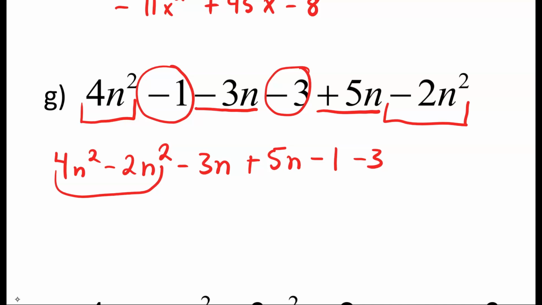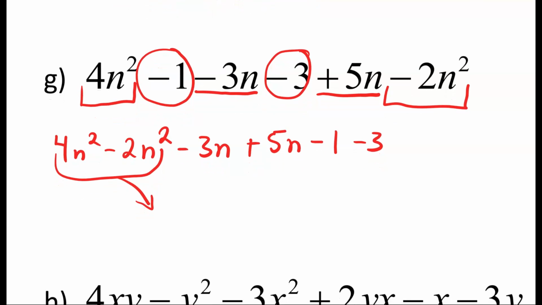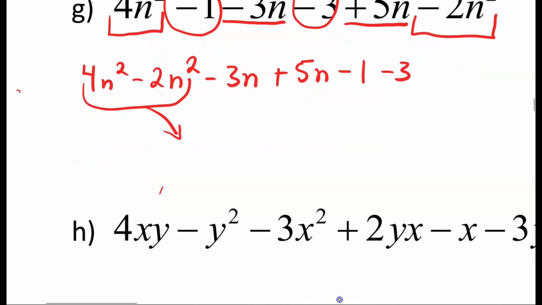Grouping these together, I'm combining my n squared, and I get 4n squared subtract 2n squared, which is 4 subtract 2, so 2n squared.